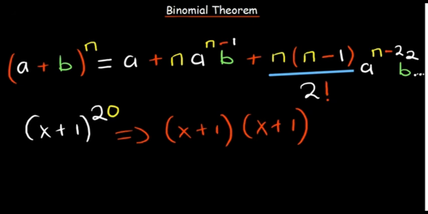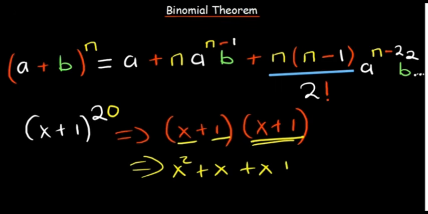Of course, at this stage, we already know that if you try to expand this, you multiply x with everything in the other bracket, so that you have what? x squared, and then x times 1 gives you x. You take the second term and again multiply throughout with what is in the other bracket, so you have x and then a 1, which is going to reduce to what?